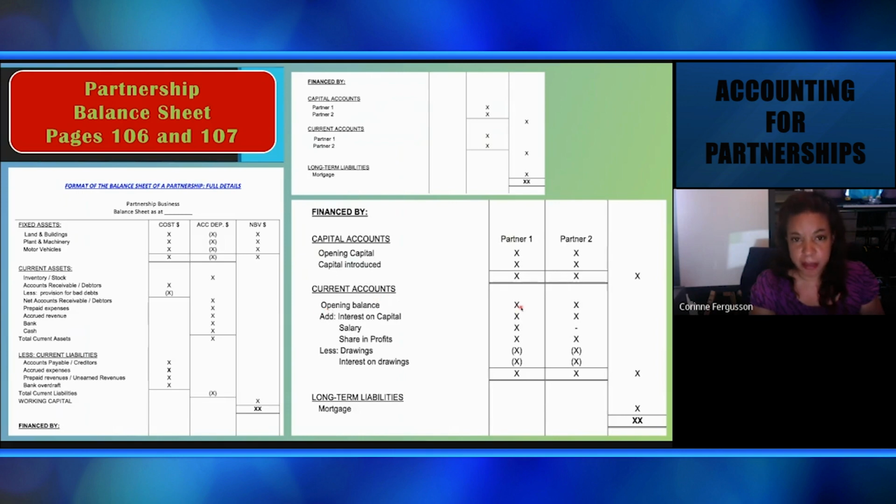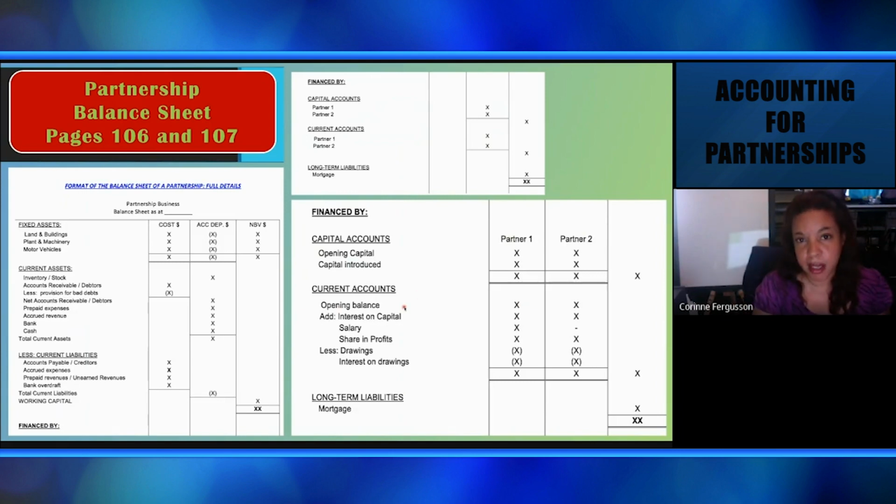You have your opening balance, which within our example would have been Win, and Win would have had 1,750, and Bain would have had the negative 750. So you'll put brackets for that one. I hope I have the names correct in terms of that.